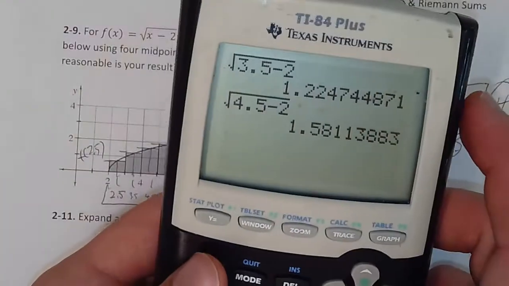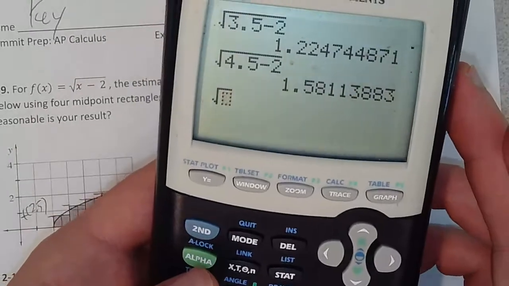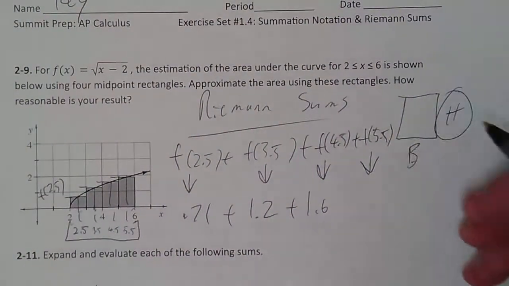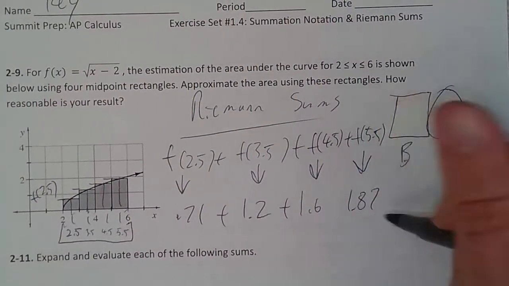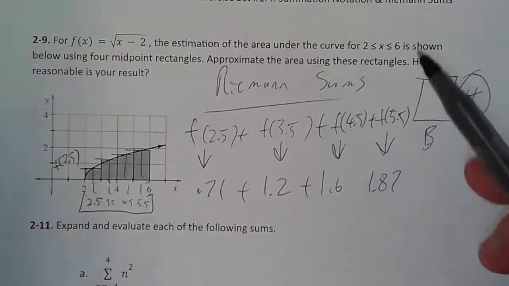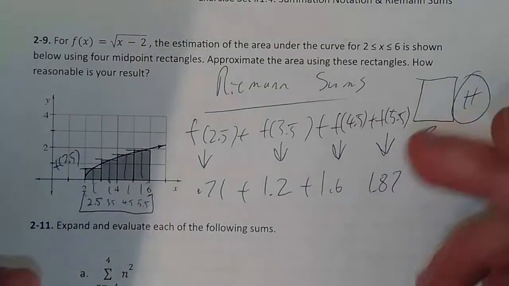And then square root of 5.5 minus 2 is 1.87. In hindsight, I would probably have consistently rounded to 2 digits. But this is fine for now.